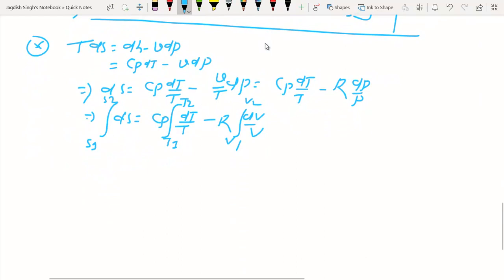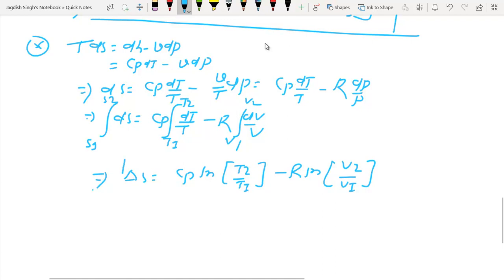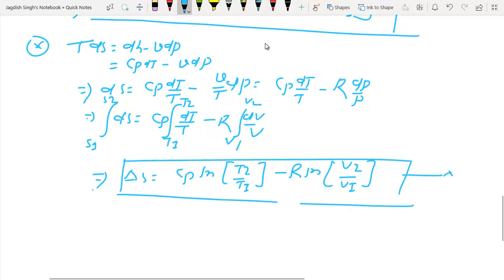In this condition, delta S is equal to Cp ln T2 by T1 minus R ln P2 by P1. This is another important equation.